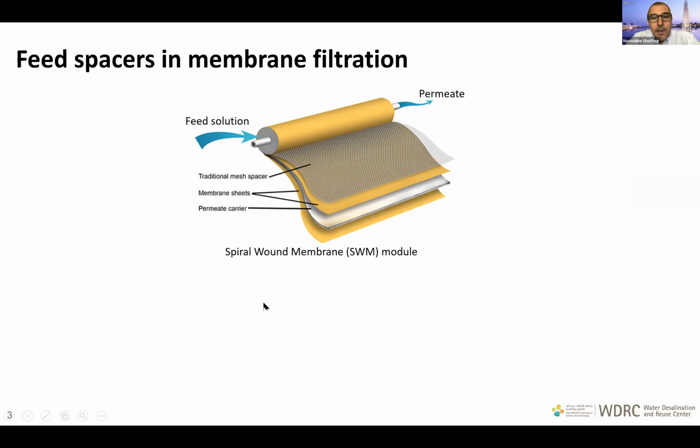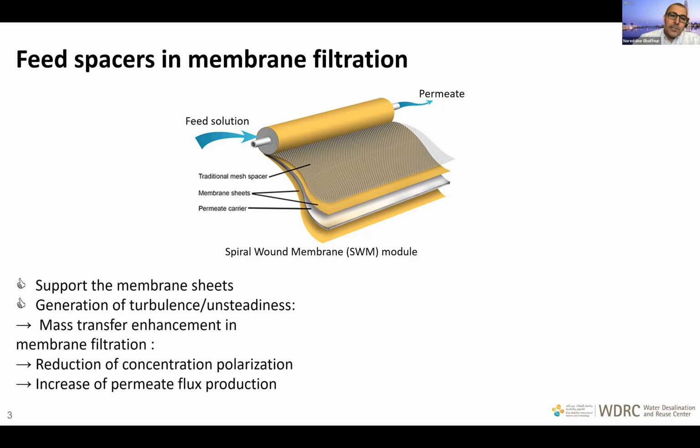So you all know that spacers are used in the spiral wound membranes, reverse osmosis or nanofiltration, and even ultrafiltration. And spacers are also used in plate and frame, discs, whatever, because in general, the spacer for the spiral wound, as an example, is a support between two membrane sheets.